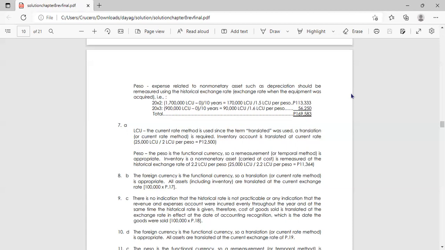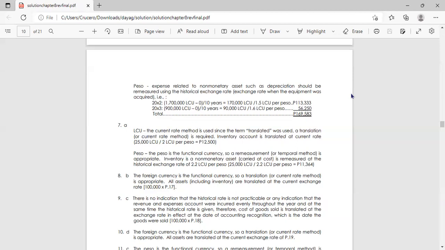A subsidiary of Porter Incorporated, the Philippine company, was located in a foreign country. The functional currency of this subsidiary was the foreign currency. The subsidiary acquired inventory on credit on November 1, 2024 for 120,000 foreign currency that was sold on January 17, 20x5 for 156,000 FCs.